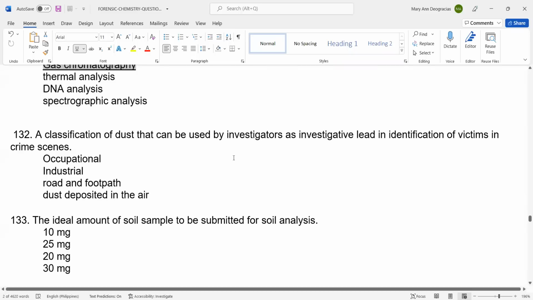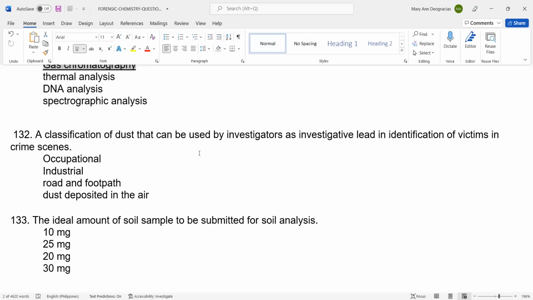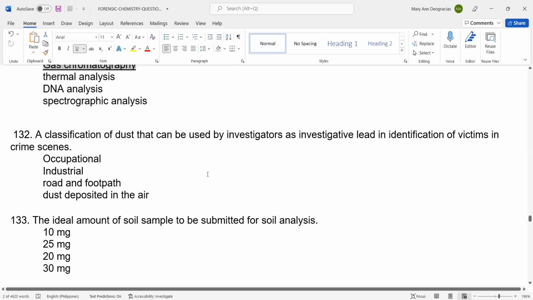132. Okay, this is another form of question. A classification of dust that can be used by investigators as investigative lead in identification of the victims in crime scenes. A, occupational.